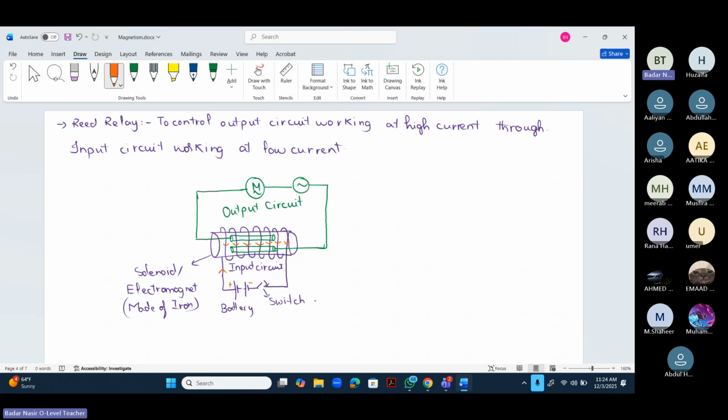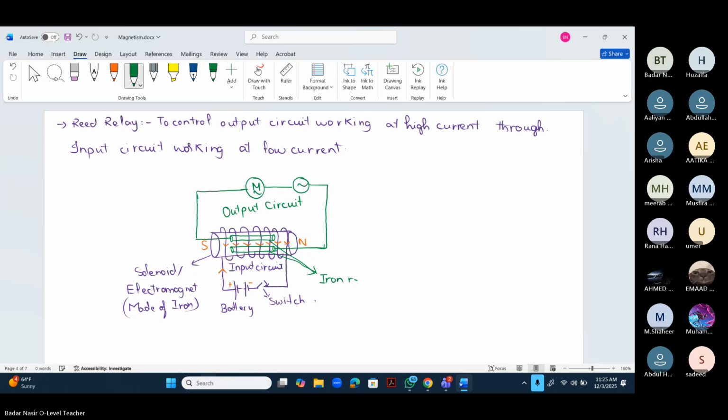Using the right hand grip rule, we can say that at this end of the electromagnet we will have a north pole, and on the other end a south pole. Inside, these are basically the iron reeds.